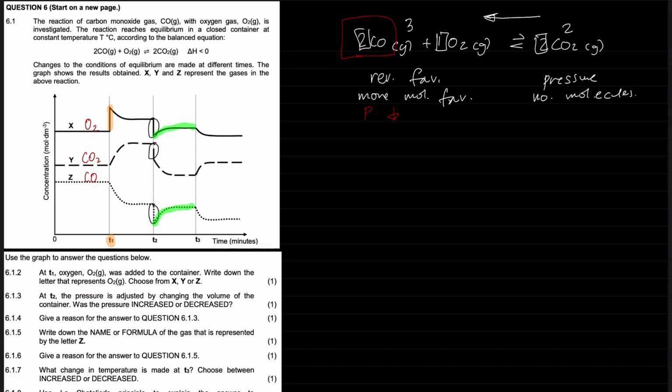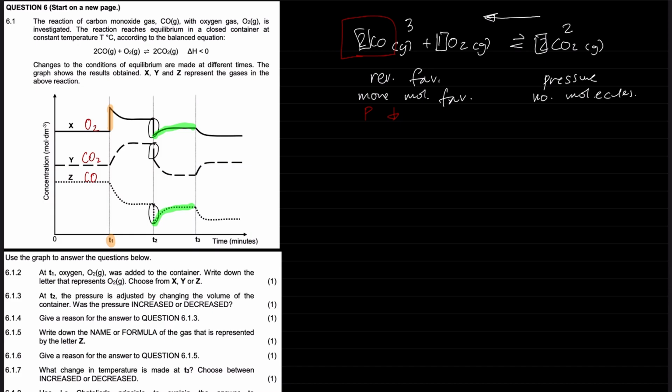Again, why am I saying this? Since the reverse reaction was favored, the concentration of O2 and CO would increase. Since we know that X is O2, it must mean that Z is CO, since we can see that the concentration increased.